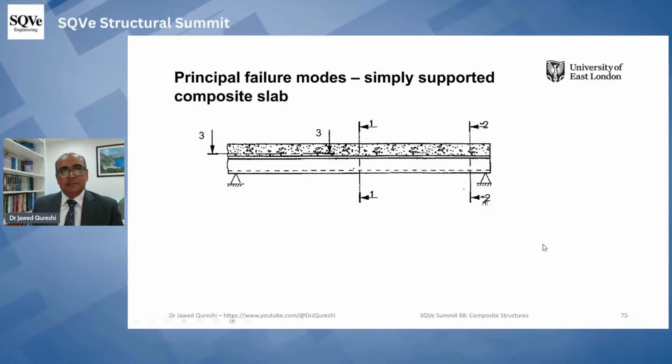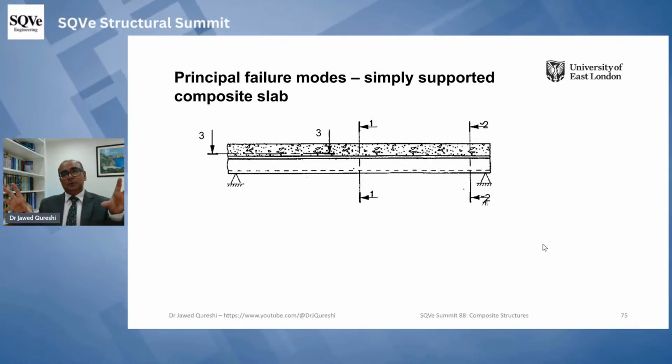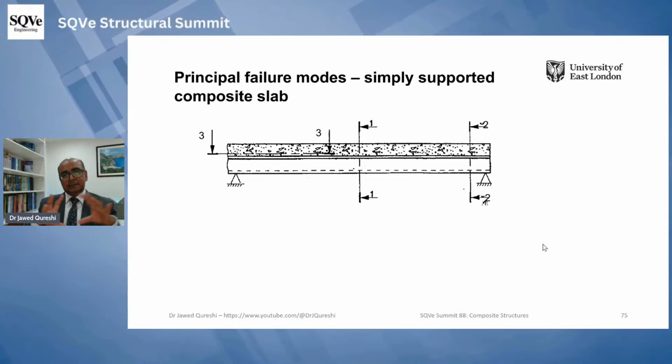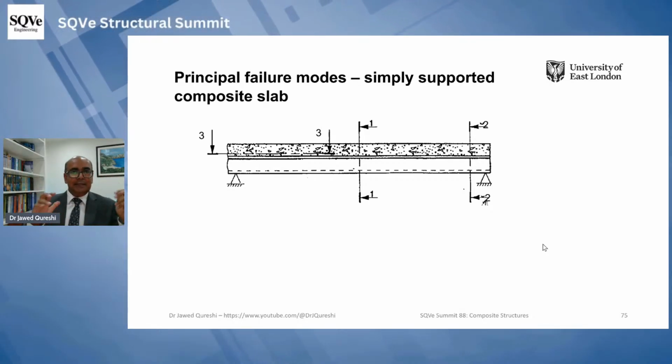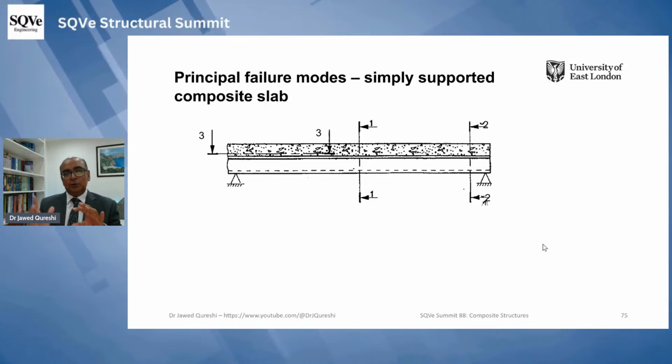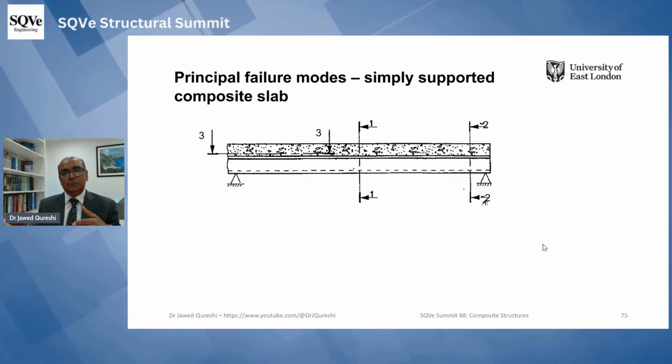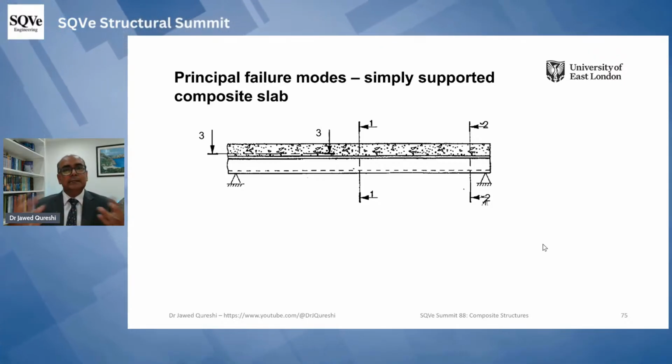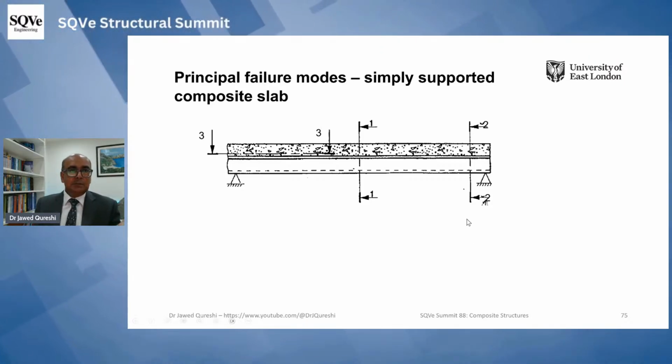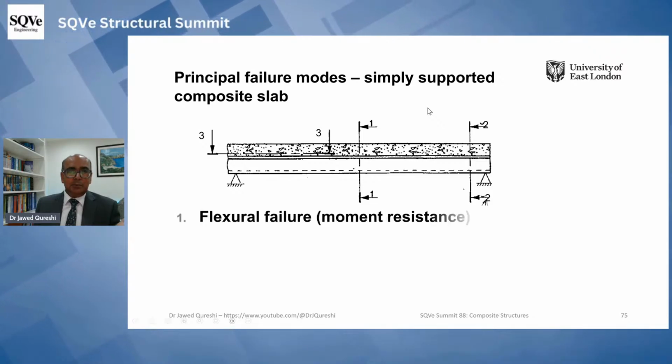So why is the m-k test important? First, if I zoom out from my understanding as a structural designer, then I will think about possible failure modes. When I'm designing anything, I normally think about what the failure modes are, and to account for those failure modes, we do some calculations, and then we design a system. So in the case of simply supported composite slabs, there are three possible failure modes.